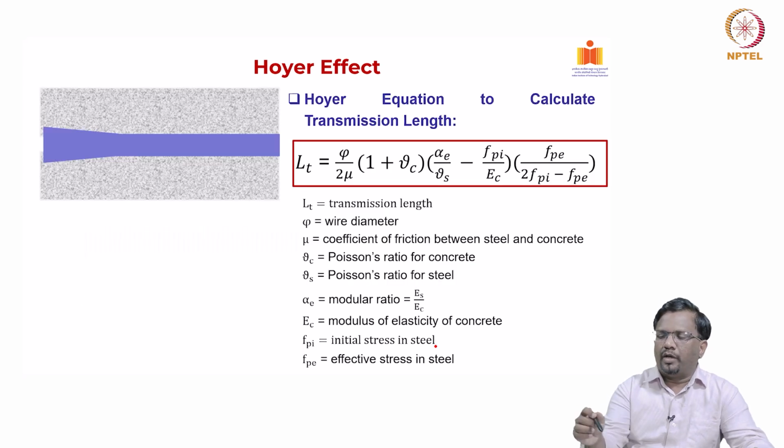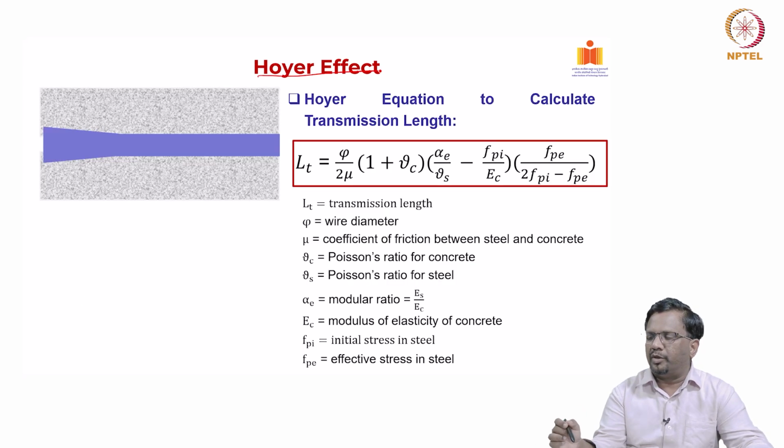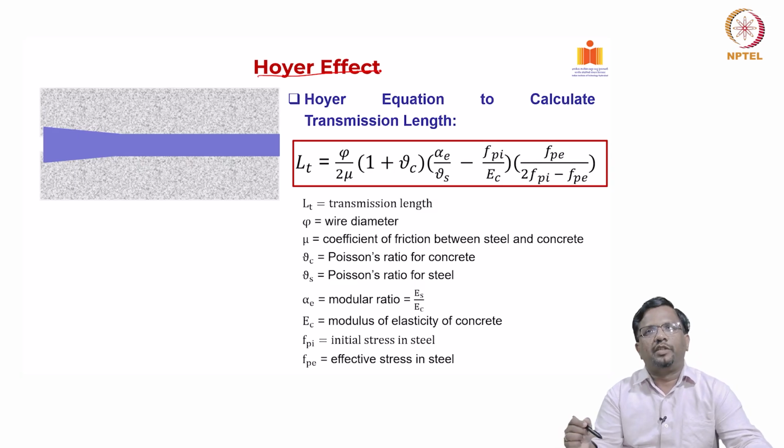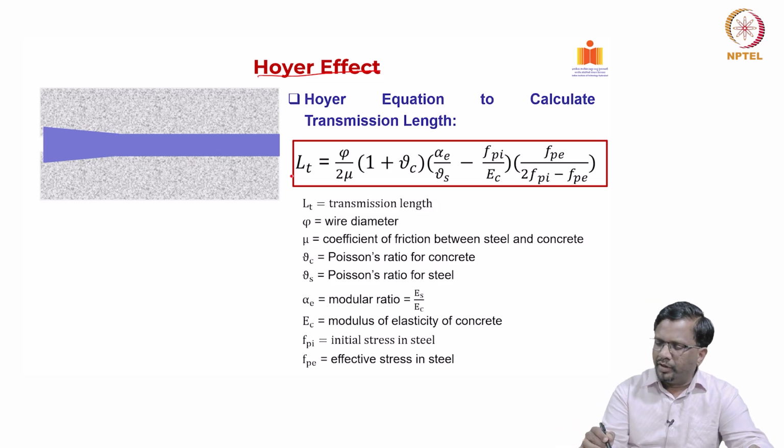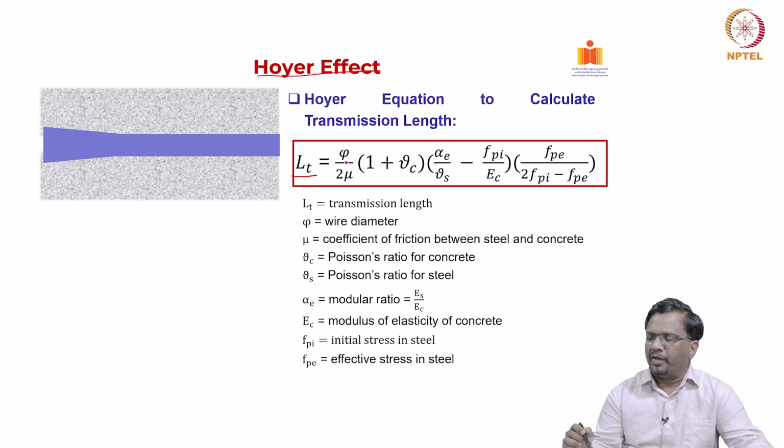Now, Hoyer proposed an equation to calculate the transmission length by considering this wedge action and the Poisson's effect of the pre-stressing steel. You can see here L_T is given by an equation which is phi divided by 2 into nu into 1 plus Poisson's ratio nu_c, and alpha_e is nothing but your modular ratio, that is the ratio between the elastic modulus of steel to concrete.